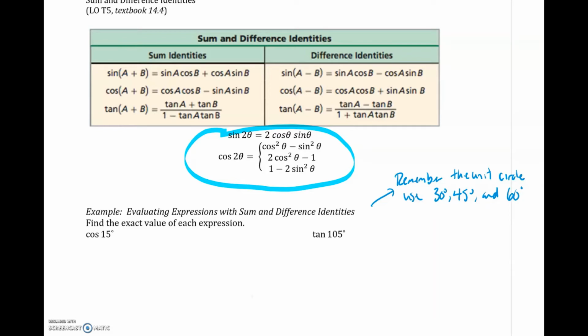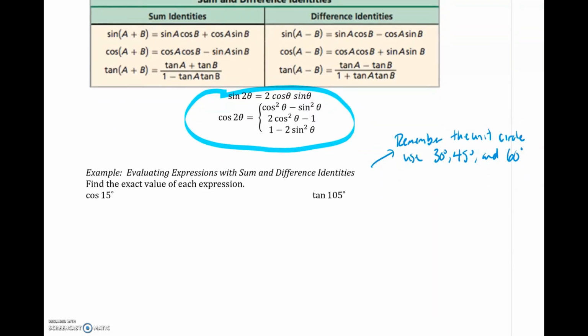For cosine 15, I might say, wait a minute, 15 is equal to 45 minus 30. So why don't I rewrite this as cosine of 45 degrees minus 30 degrees? Then I can use that difference identity, which tells me cosine A minus B equals cosine A times cosine B plus sine A times sine B. So here my A would be 45 and my B would be 30.